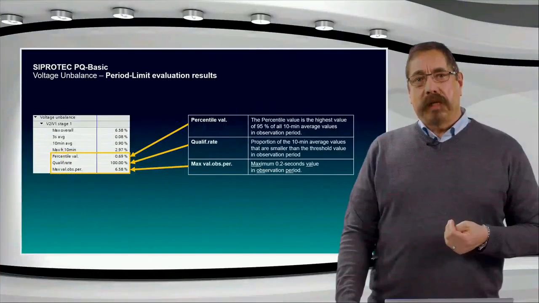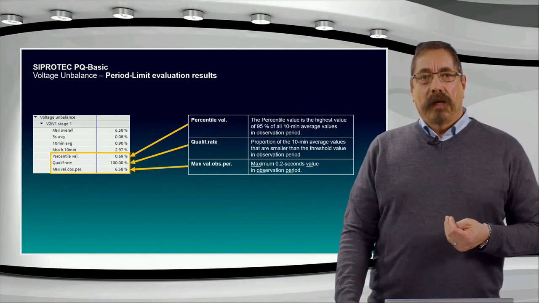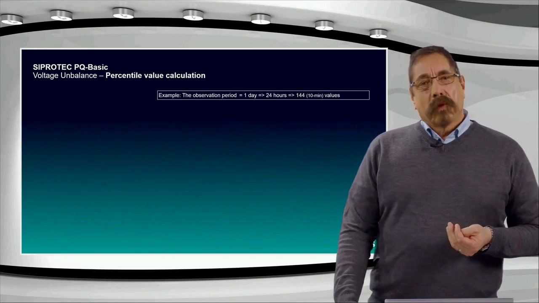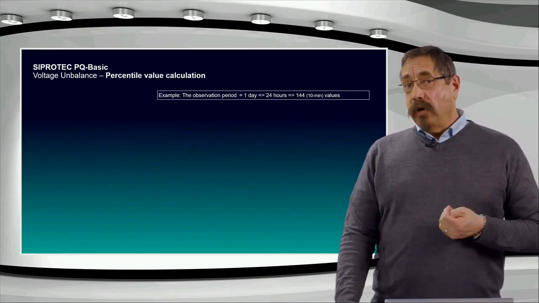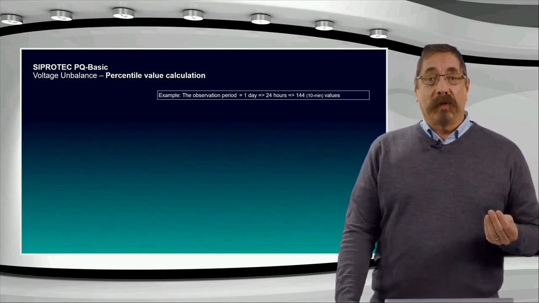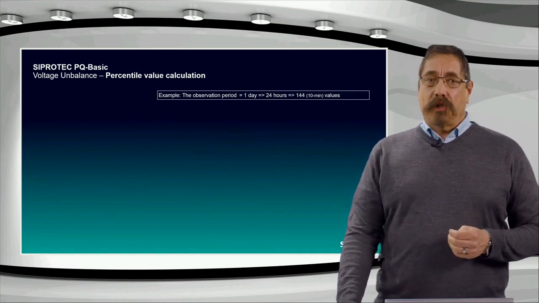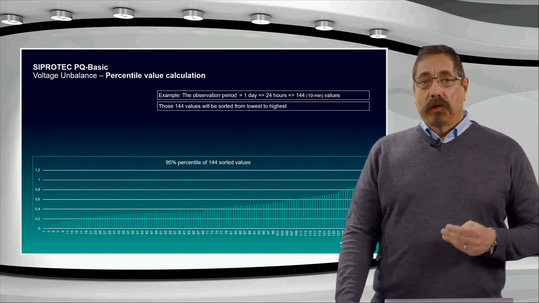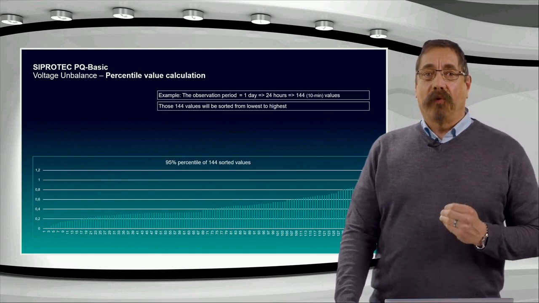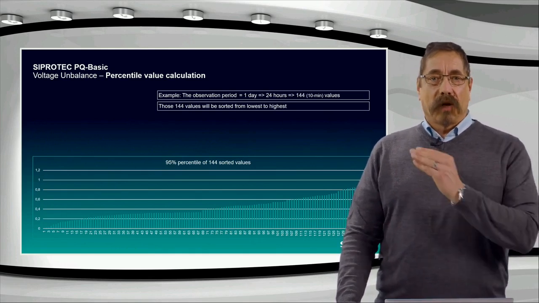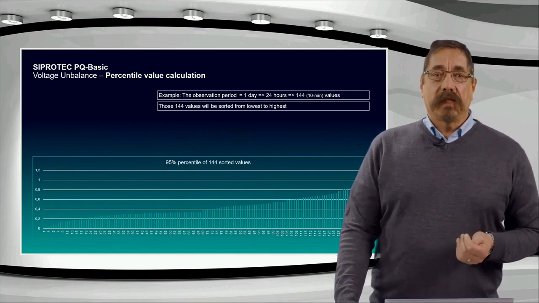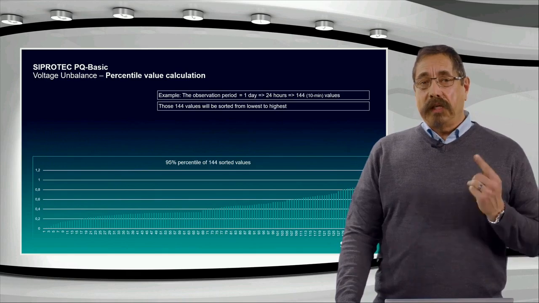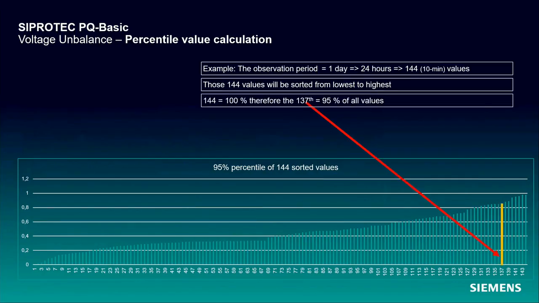Our parameterized observation interval is, for example, 1 day. 1 day equals 24 hours. 24 hours equals 144 10-minute average values. Next step is to sort those 144 values from the lowest to the highest, as we can see in the diagram below. Now we need to get 95% of them.